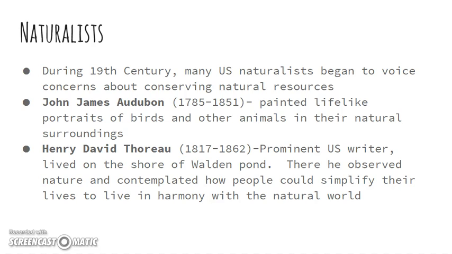And in his paintings, he established what it is going to be like without these. So John James Audubon, who did help with the Audubon Society, painted lifelike portraits of birds and other animals in their natural surroundings. And the thought was, if we get rid of these natural surroundings, we may not have these animals anymore.